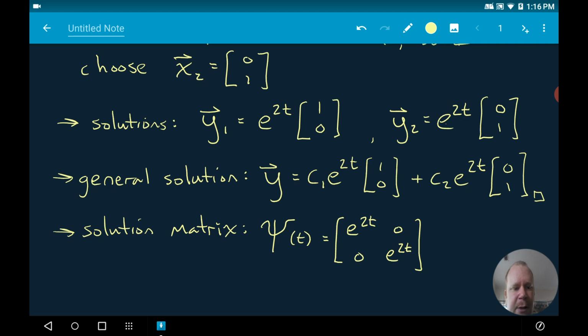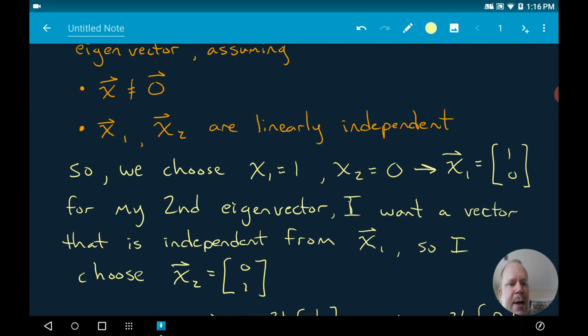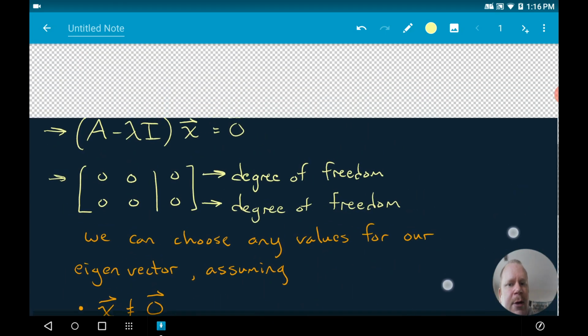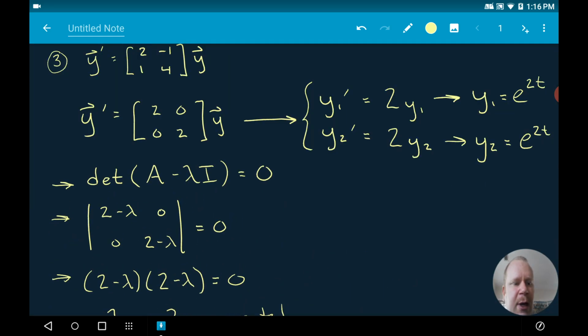Now, I mentioned a solution that works up above here, where we can say that our solution for y1 is equal to e to the 2t, and our solution for y2 is equal to e to the 2t.